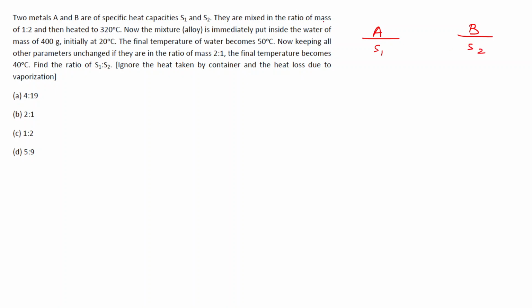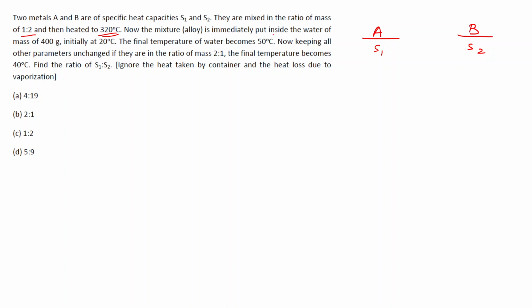They are mixed in the ratio of mass 1:2, and when we mix these two metals they become some sort of alloy, and then we heat that alloy to a temperature of 320 degrees centigrade.